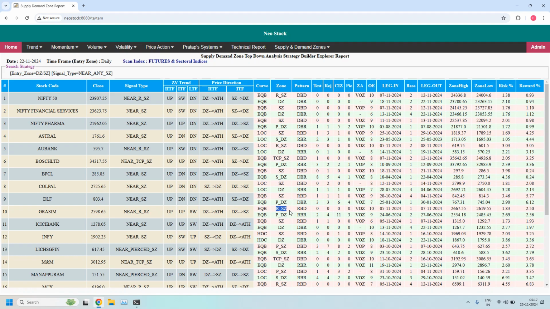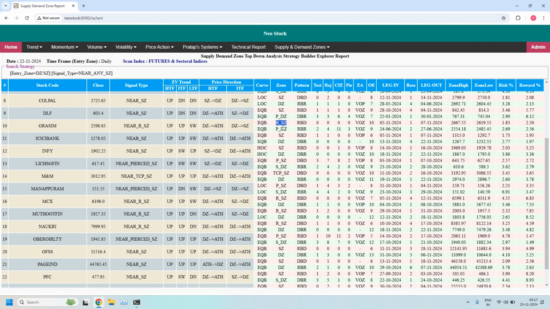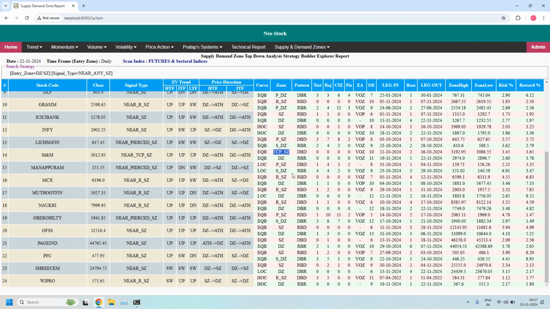And Grasim is having a high liquidity supply zone. M&M is having a high liquidity supply zone.